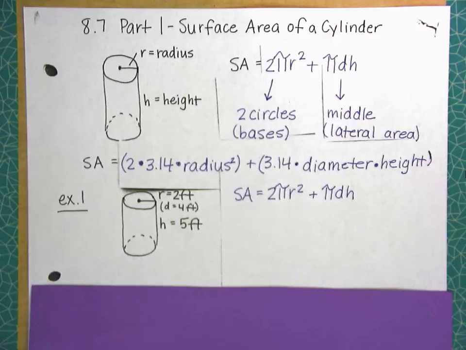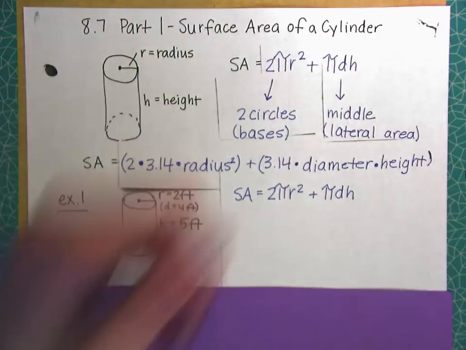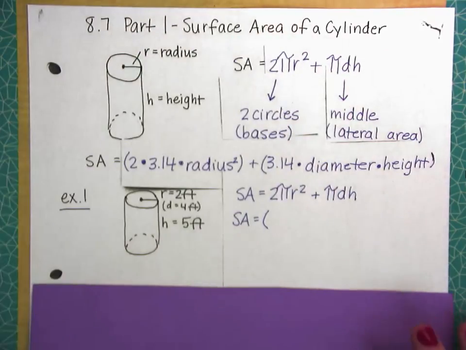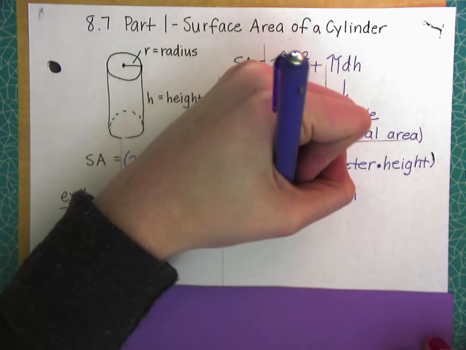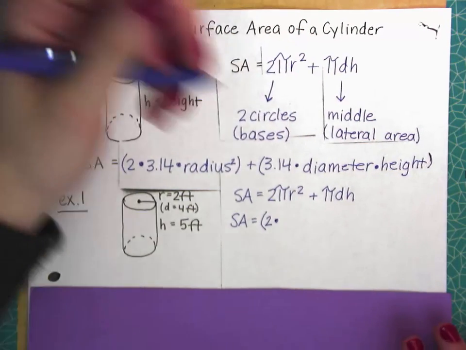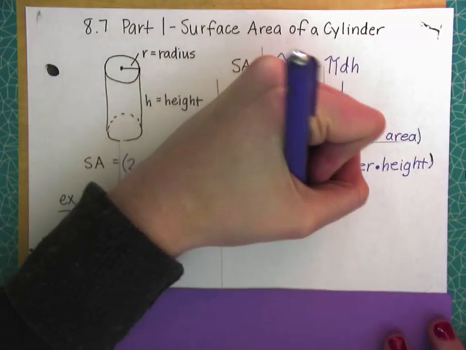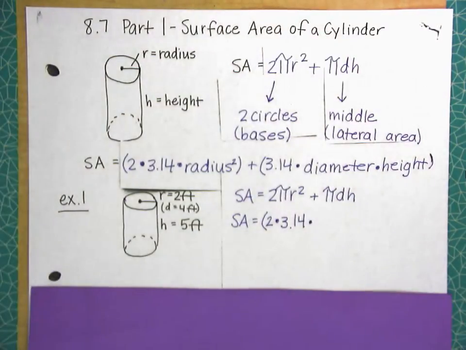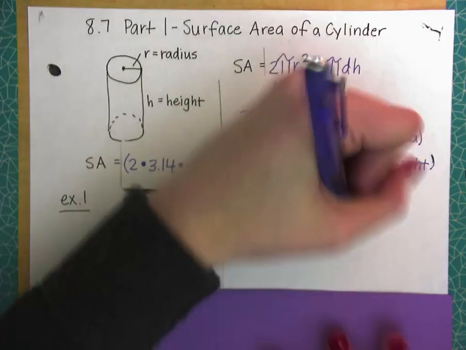All right, once you've written the formula down, what's the next thing that I ask you to do? Plug in everything. Plug in my numbers, okay? All right, so I'm going to have 2 times pi, times r squared, which is going to be what? 2 squared.